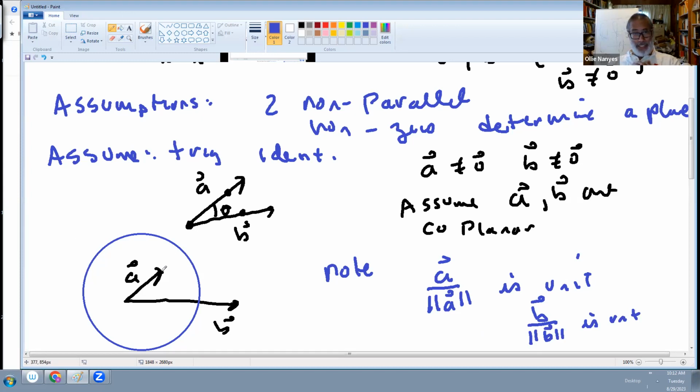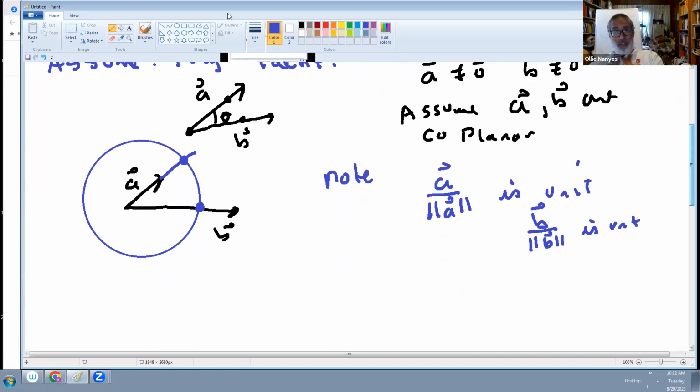So to make A unit, you'd be extending it here. In B, you might be shrinking it here. So what we have now is two unit vectors. Now that we know these are unit vectors, let's just focus on the unit circle, and I'm going to redraw B just a little bit.